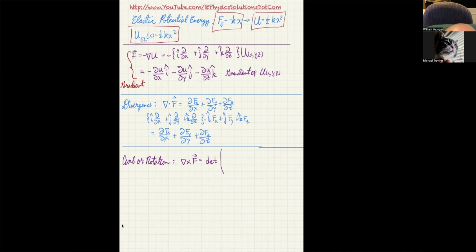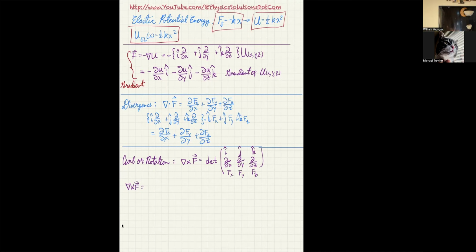So the determinant is going to be the determinant of i hat, j hat, k hat, partial with respect to x, partial with respect to y, partial with respect to z, and then f sub x, f sub y, f sub z.